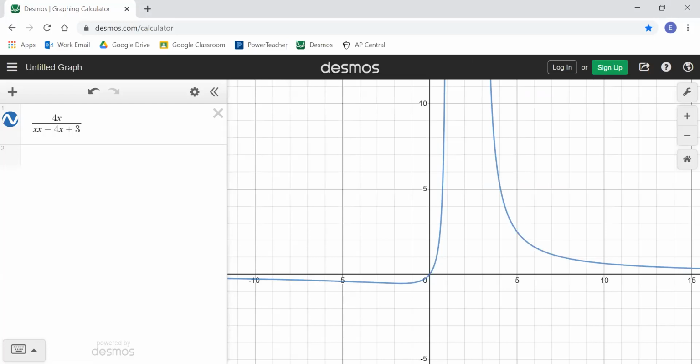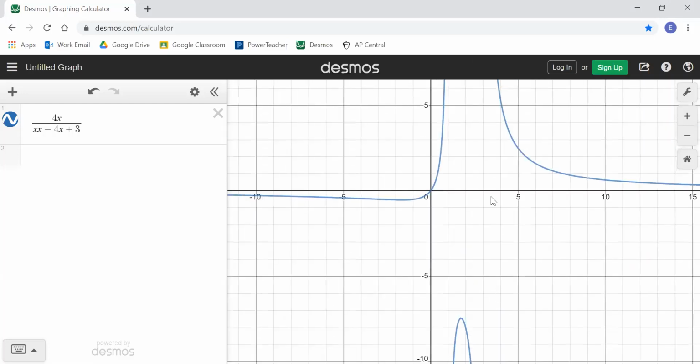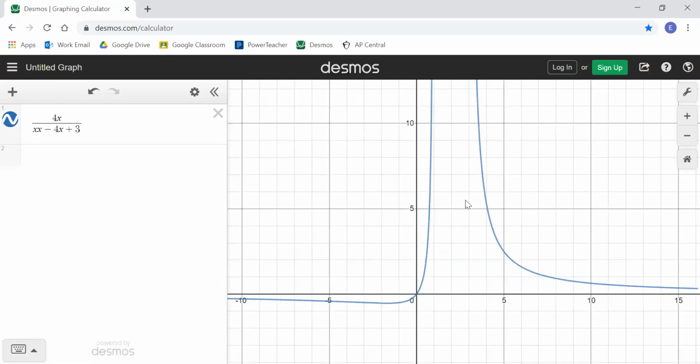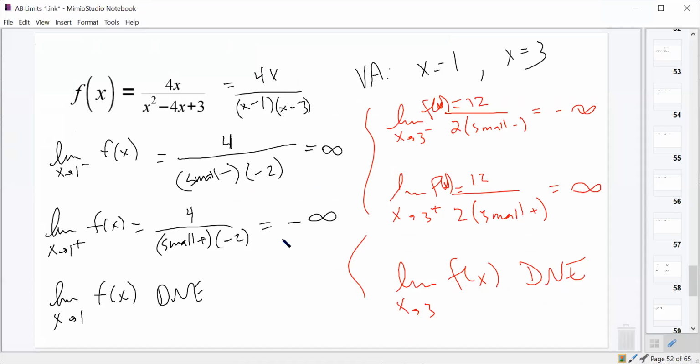And as we approach 1 from the right, it should have been negative infinity, which we can see in this piece down here. And as we approach 3 from the left, that'd be this piece over here, it should be negative infinity. But as we approach 3 from the right, it should have been positive. Everybody good with that or no? Yep. Good. All right. Off to a good start.